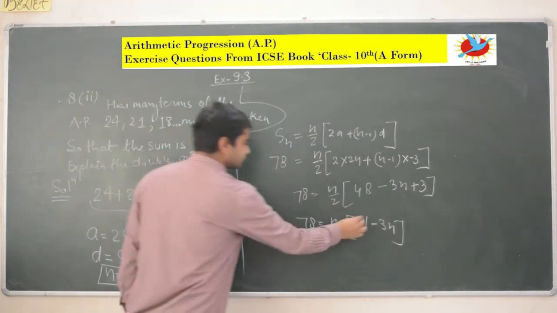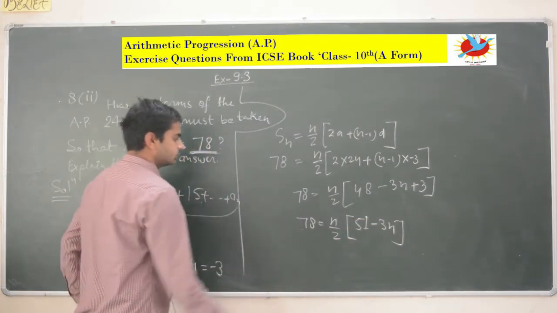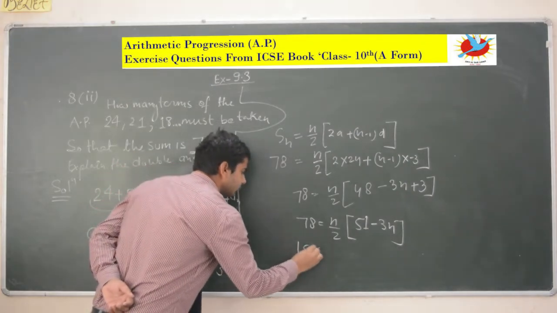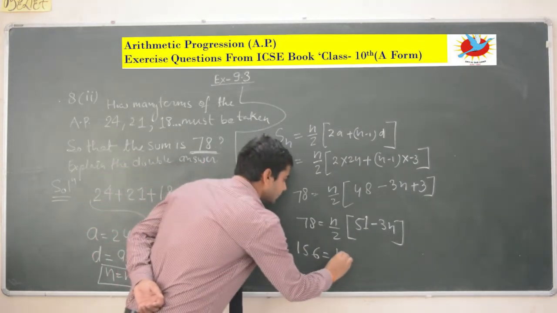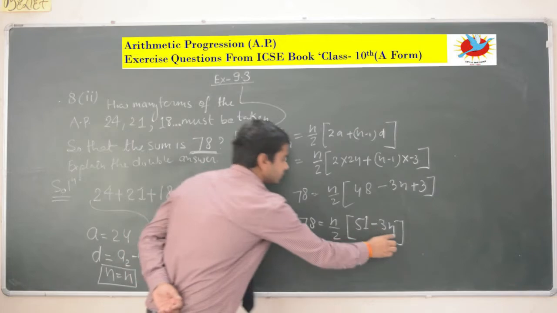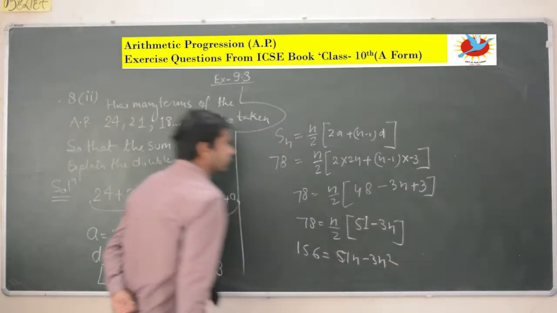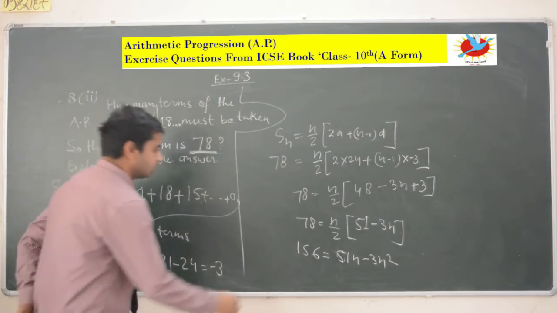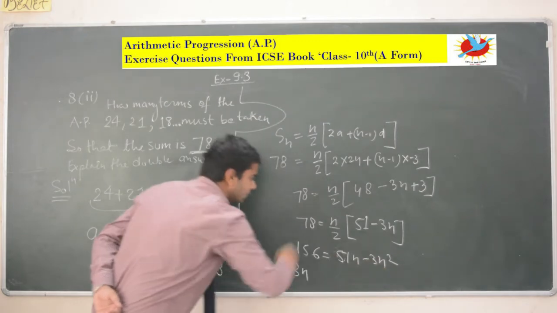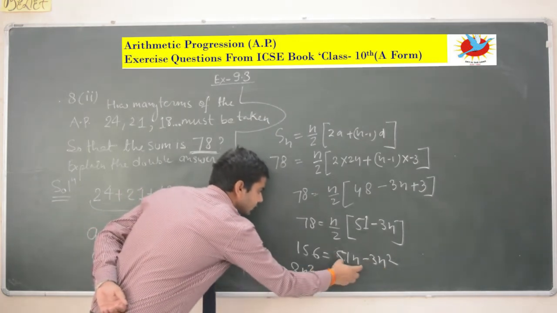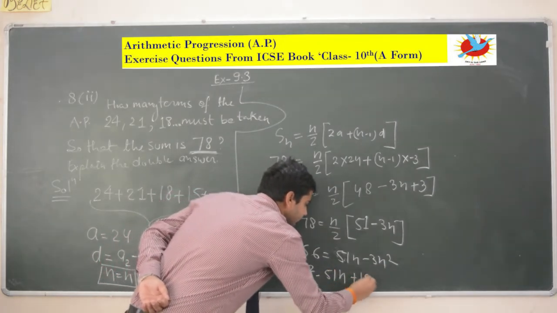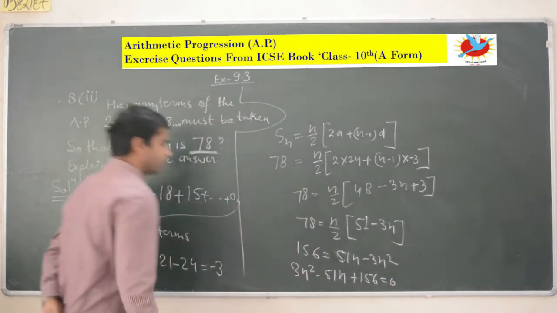Now multiply these two numbers: 78 into 2 is 156, and we get n into 51, that is 51n, minus n into 3n, that is minus 3n square. If we arrange these terms, we get 3n square. Taking this term to the left side, it becomes positive 3n square, and the other term becomes negative: minus 51n plus 156 equal to 0.